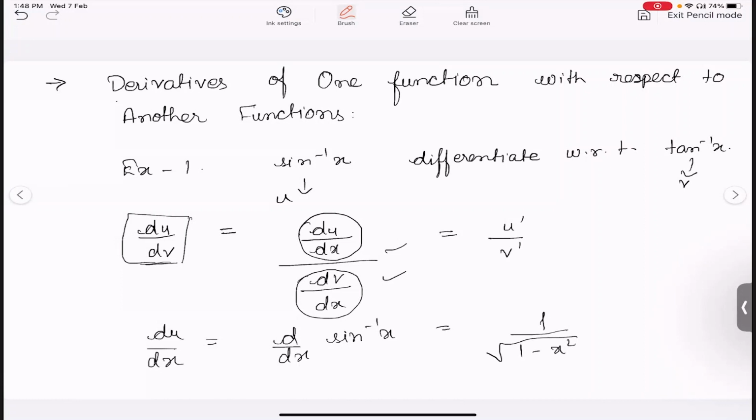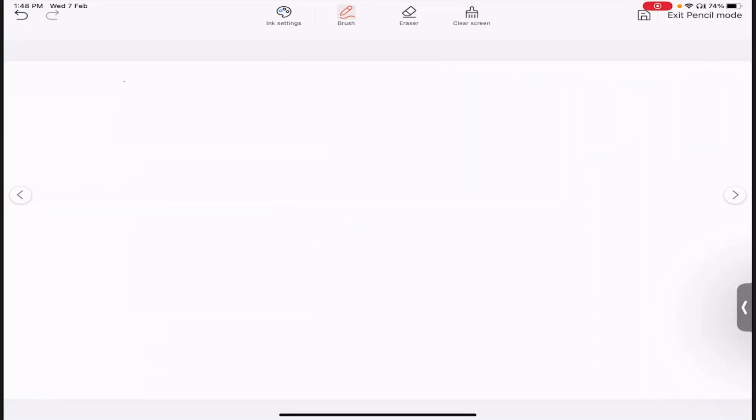This is the derivative of sine inverse. And dv by dx, which is basically the derivative of tan inverse x, will be equal to 1 by 1 plus x square, that we have already learned in our previous class.